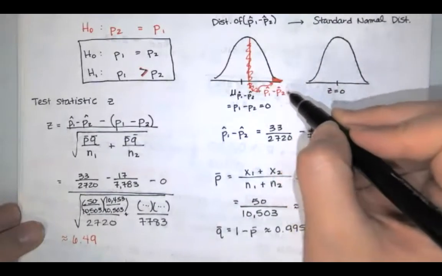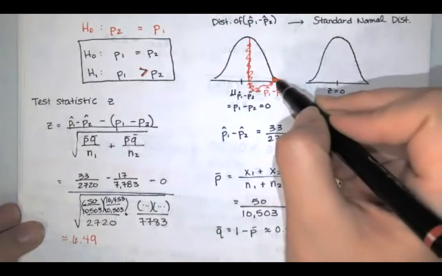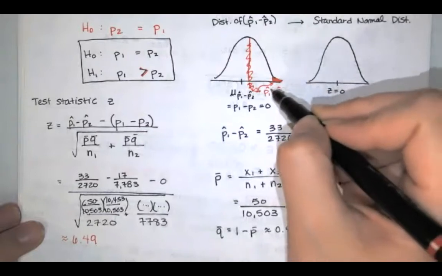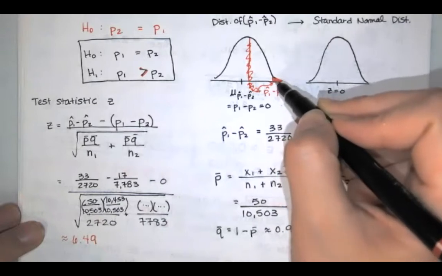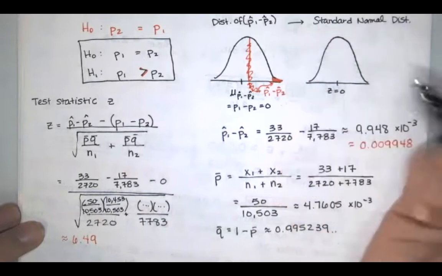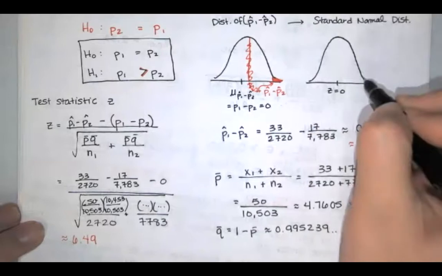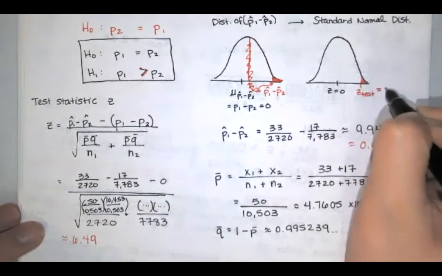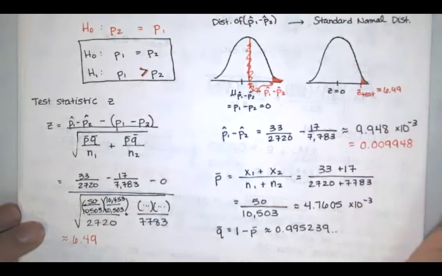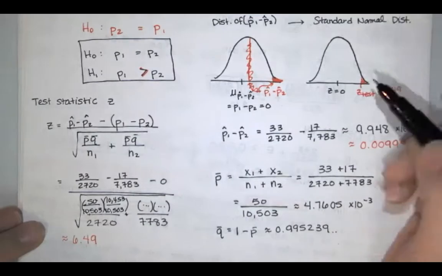So we've got P1 hat minus P2 hat here, and we're wondering what is the probability of getting a P1 hat minus P2 hat equal to ours, or a P1 hat minus P2 hat that's greater than ours? Well, that is the same as the probability of getting a test statistic Z equal to ours, which was about 6.49, or a value that's greater than that.